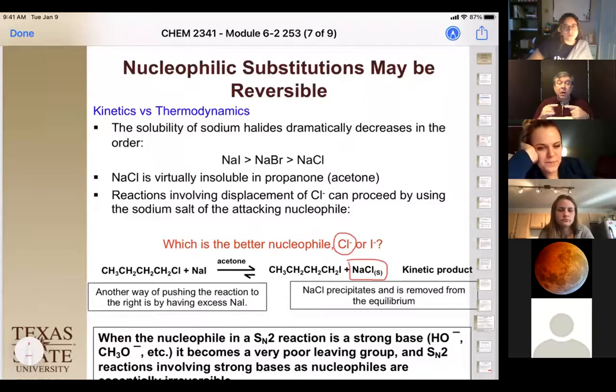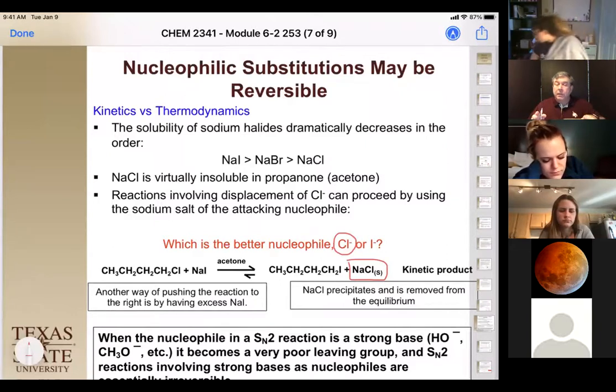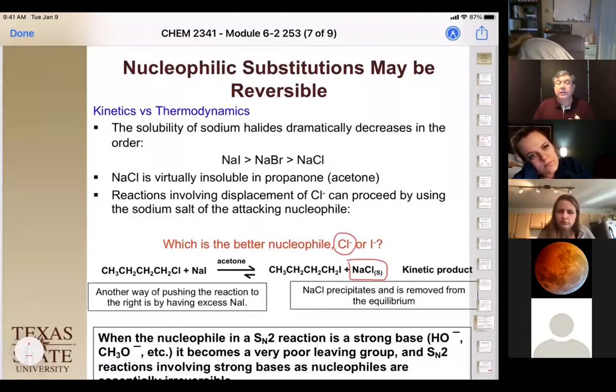There's a small back reaction, but as soon as the chloride forms, it comes out of solution. So we can use solvent to help us get the kinetic product instead of the thermodynamic product. Remember, we're talking about the nucleophiles and the base strength of the leaving group. We want the weakest base whenever possible to give us our thermodynamic product.